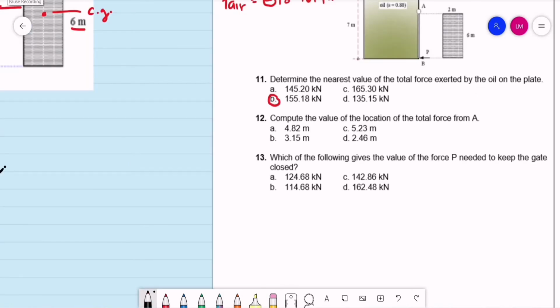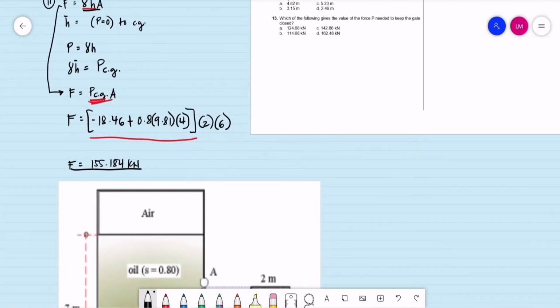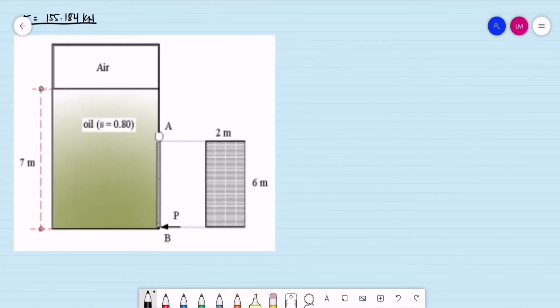Okay, so dito naman tayo sa problem number 12. Compute the location of the total force from A. So, let's say ito yung center of gravity, that is the CG.